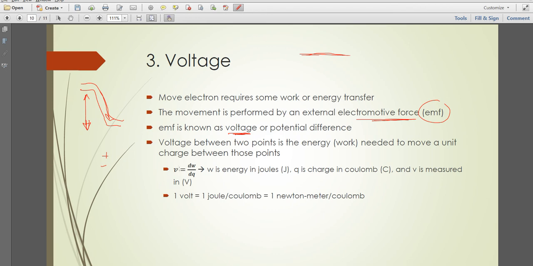So the voltage between two terminals is the energy or the work needed to move a charge between those two terminals. That's the equation that mathematically defines this sentence: voltage is the derivative of the work, the energy, by the charge itself, and the unit of the volt is V.